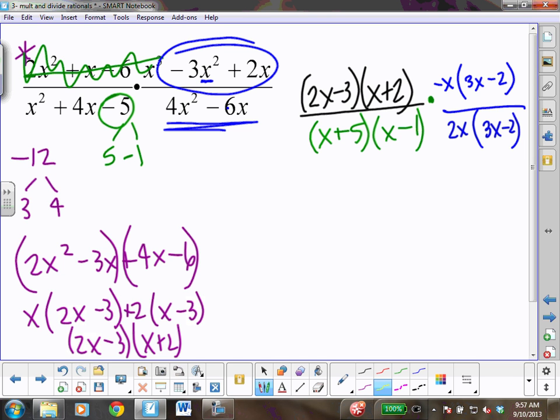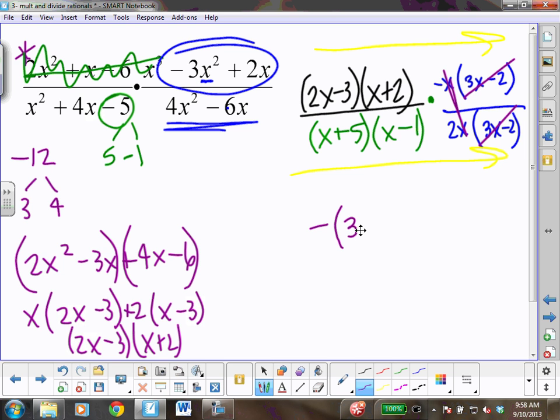Since we're multiplying these two expressions, we're going to end up multiplying across the top and across the bottom. So I can basically cancel out anything that I can. I notice I have a 3x minus 2 in the top and the bottom here. I don't have anything to cancel in this first fraction. In the second fraction, I can cancel out the x's. I'm still left with a negative.